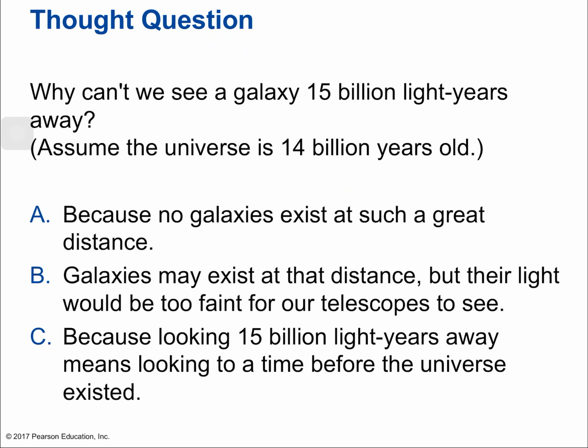Because it turns out that the Big Bang happened about 15 billion years ago. Excuse me, I made a mistake there. So that means we can only look at things that are as old as the universe itself. There may be objects, in fact, we're almost sure there are objects further away because the universe has been expanding in all directions, but we can't see them because we're stuck looking back in time, right?